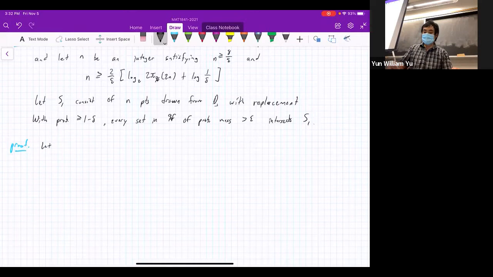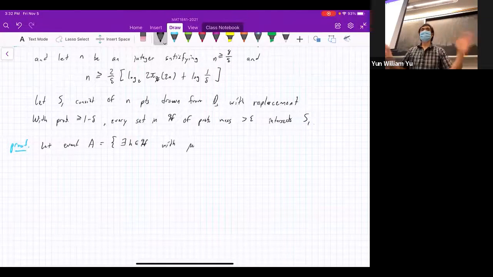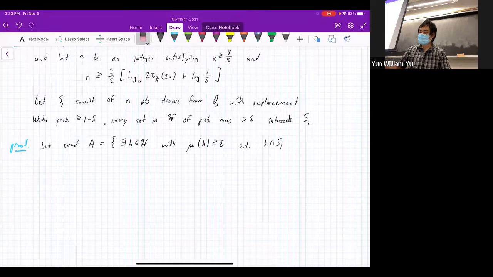Okay, so let event A be the event that there exists some H in H, where I'm going to use the function mu to mean probability mass, which is pretty standard if you've taken the probability course, such that mu of H is greater than or equal to epsilon and H intersect S1 is the empty set.